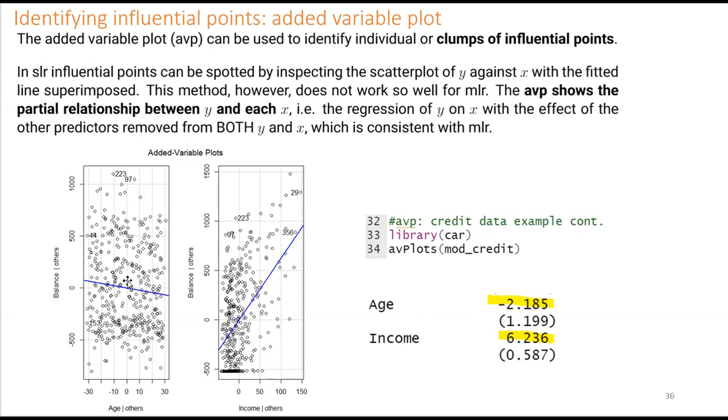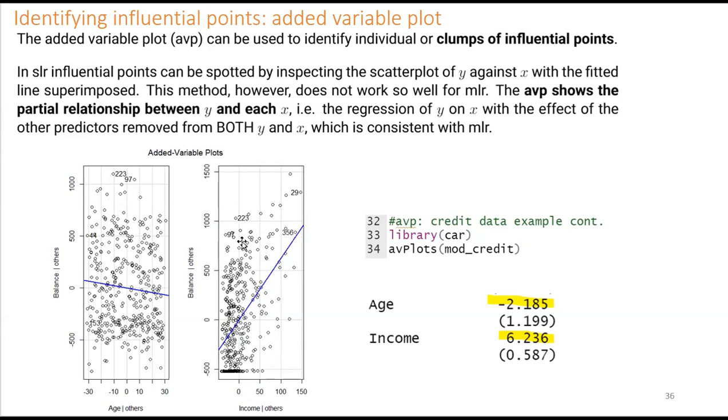That's why it's called partial, because the slope here, remember the interpretation, is the partial effect of that covariate on y, in the case where the covariate is continuous. You've got a similar plot for income. What I'm looking for, let me do it with this plot here, is whether there are any points that determine the slope of this line.